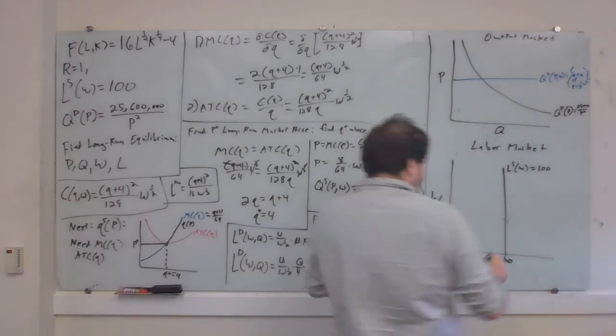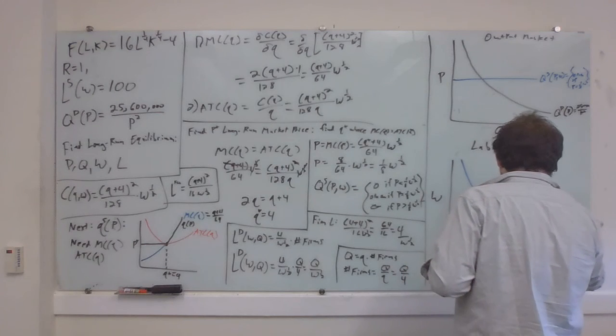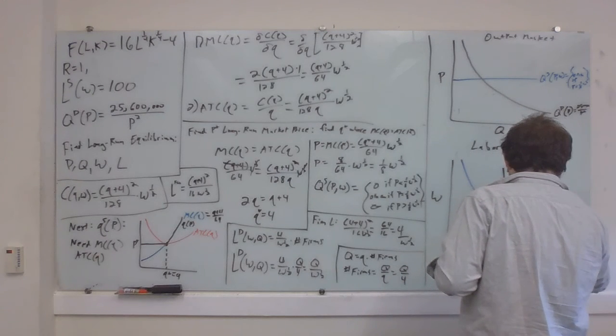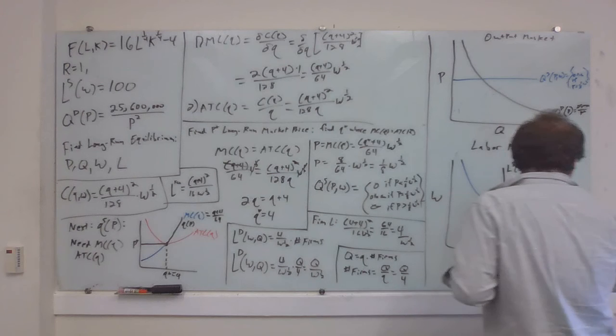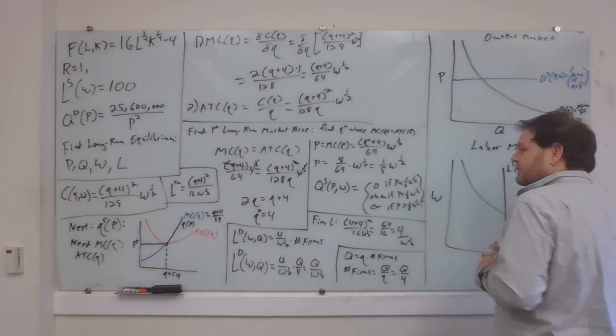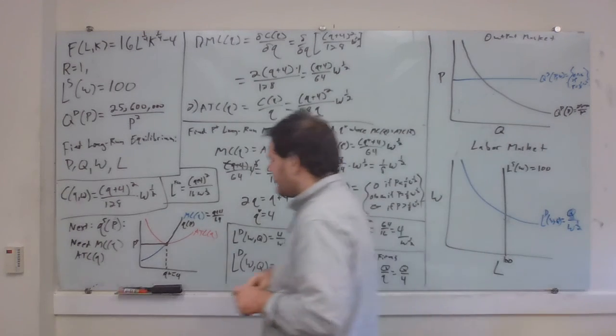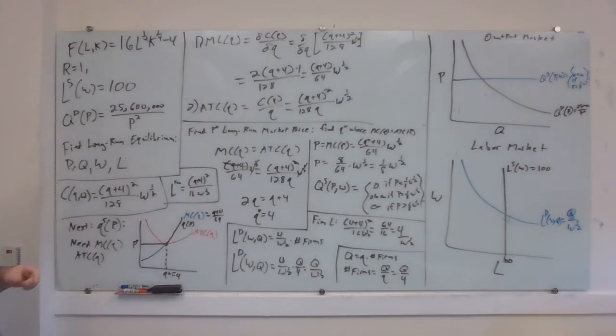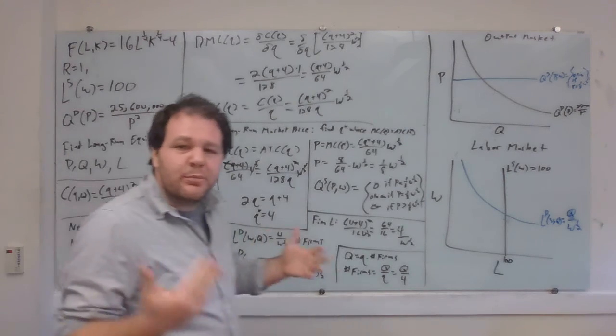I can see that my labor demand curve is going to depend on W and Q, and is going to be big Q over W to the 1/2. Okay, wonderful. So that concludes the first part of solving this problem.